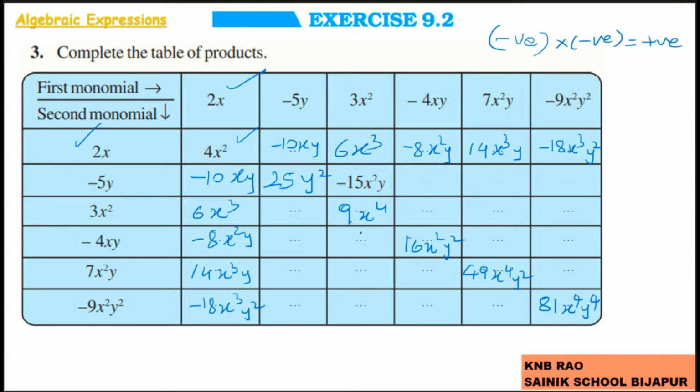I hope you will do the rest of the things. So here, 3x square into minus 5y gives minus 15x square y. 3x square into minus 4xy results in minus 12x cube y. 3x square into 7x square y gives the product 21x power 4 y. 3x square into minus 9x square y square gives minus 27x power 4 y square.